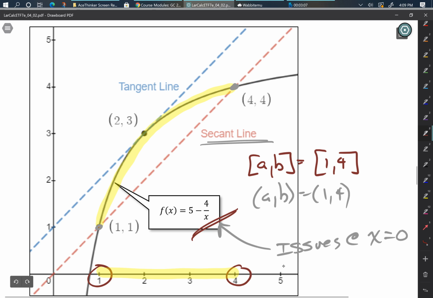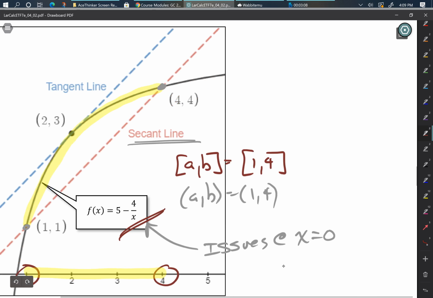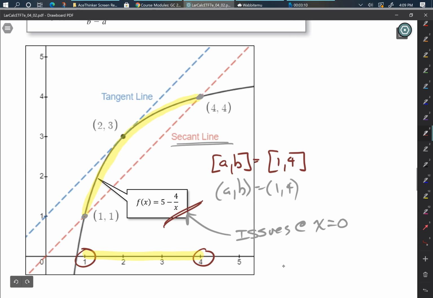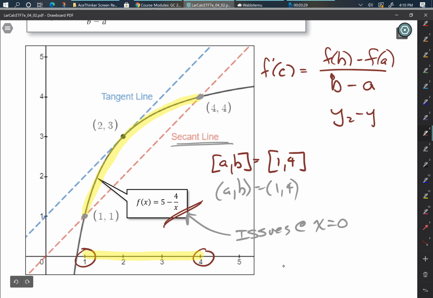And how do I say the slope of the secant line is equal to the slope of the tangent line using math language? Well, the slope of the tangent line is f prime at some value c. The slope of the secant line is a y value minus a y value divided by an x value minus an x value: y sub 2 minus y sub 1 over x sub 2 minus x sub 1.